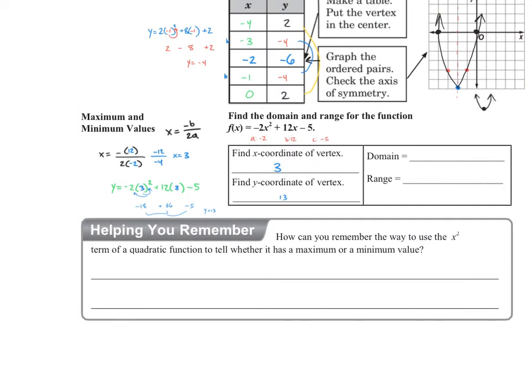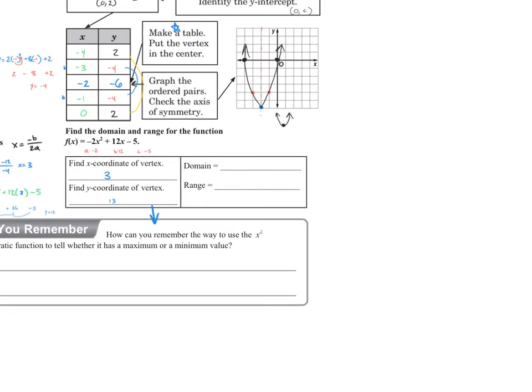All right. So before we talk about domain and range, we need to talk about this box here. And it says, how can you remember the way to use x squared term of a quadratic function to tell whether it has a minimum or a maximum value? Here's what that's asking. We know that our vertex is at 3, 13.